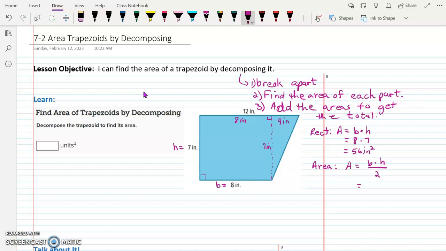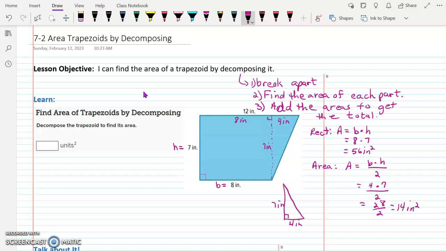Over here, if I redraw the triangle, I see that the height is 7 inches and my base is 4 inches. So I would multiply 4 times 7, and then after I get that answer, I'll divide by 2. So 4 times 7 is 28, divided by 2 gives me 14. So this would be inches squared.